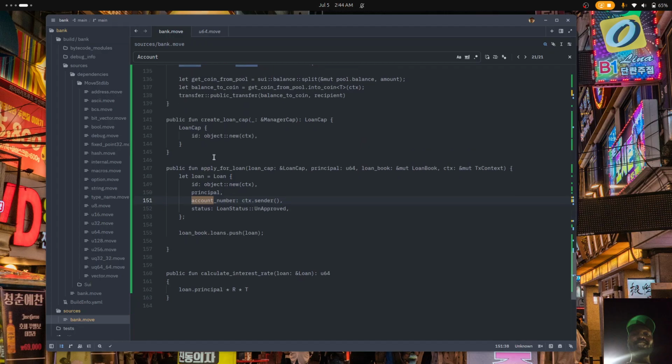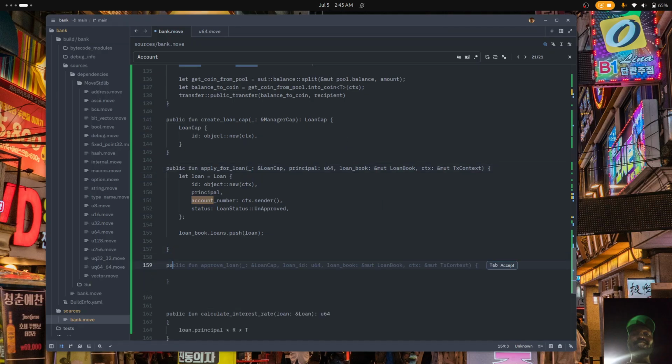Right now account holders can apply for a loan, and they can only apply if they have the loan cap. So people that should call this function have loan cap. If you don't have, you can't call it.